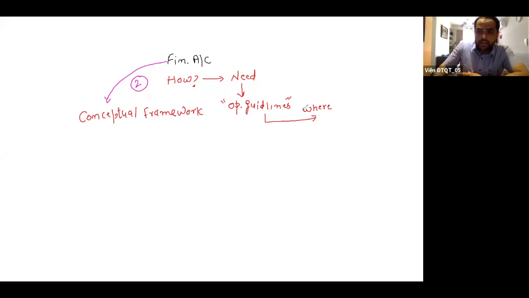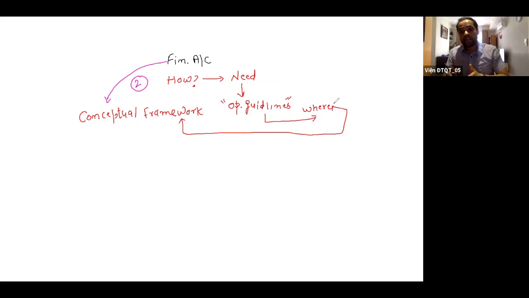From where these guidelines come from. Who gives these guidelines? So the answer is these guidelines are provided by or provided through the conceptual framework. So now what is conceptual framework? Conceptual framework is a framework. It's a boundaries.